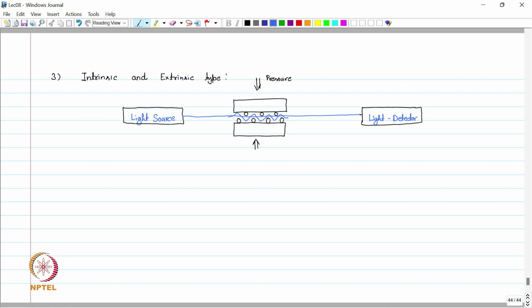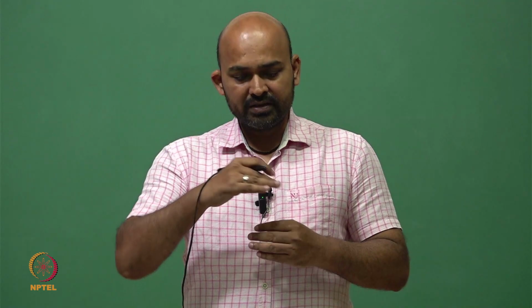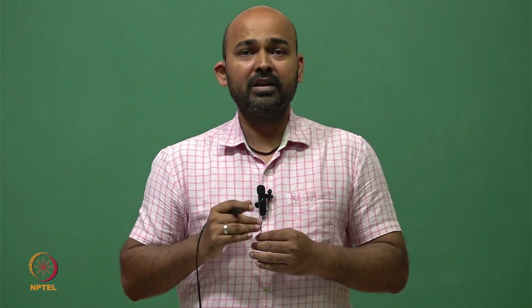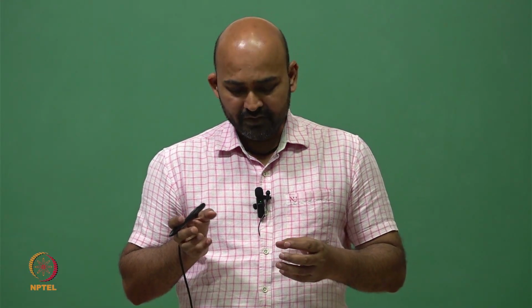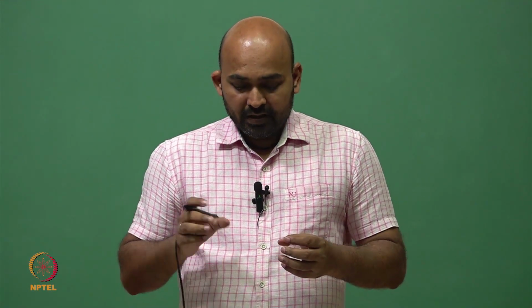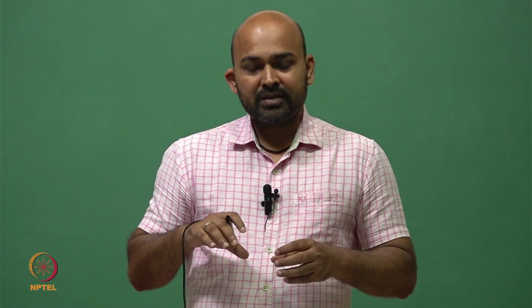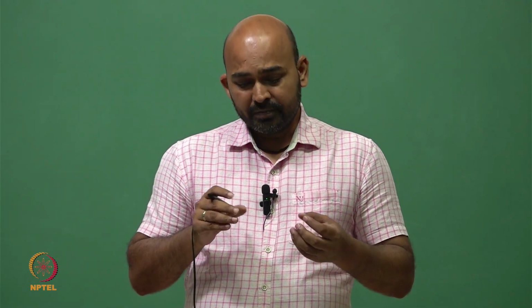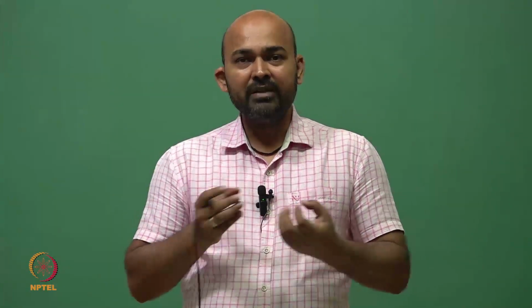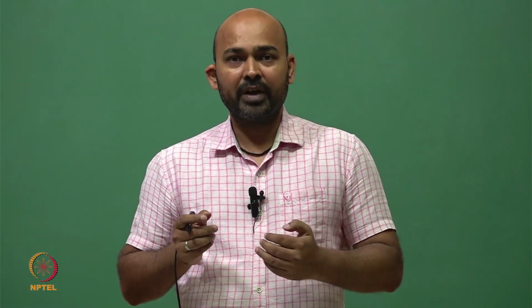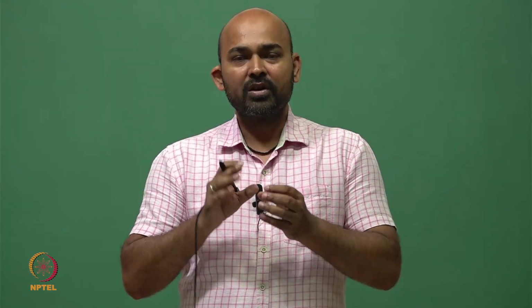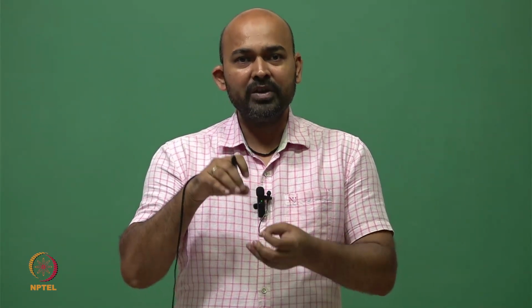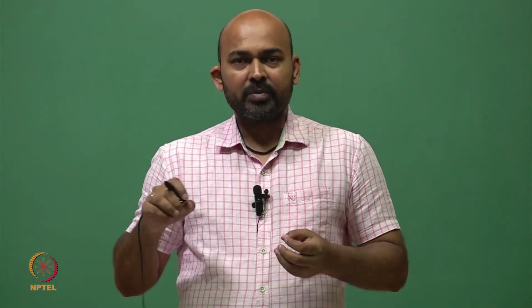This optical fiber will bend zigzag, and based on this bending of the optical fiber, the intensity or multiple parameters of the optical wave will change. So this is called intrinsic type because the optical wave does not leave its medium, which is this optical fiber, from the source to the destination. It's a single optical fiber. It is not cut in between, and there is no material inserted in between in this optical fiber.